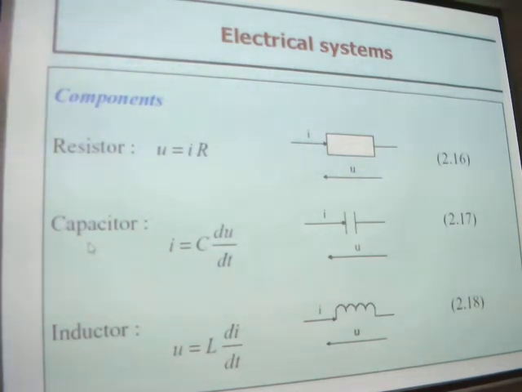And the second component is the capacitor. Now I equals C dU/dt. Now the third is the inductor. Now U equals L dI/dt.